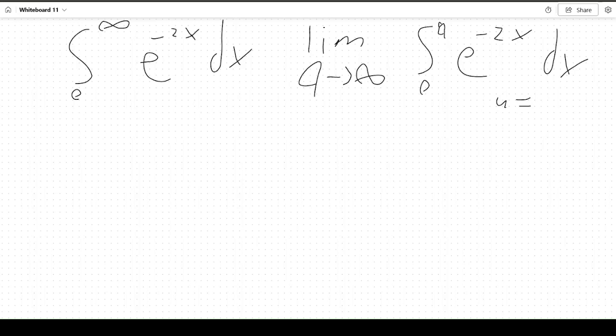So u would be equal to negative 2x. That would make the derivative of u be negative 2 dx, and we can get our dx by dividing by negative 2. So we can plug this in for dx.